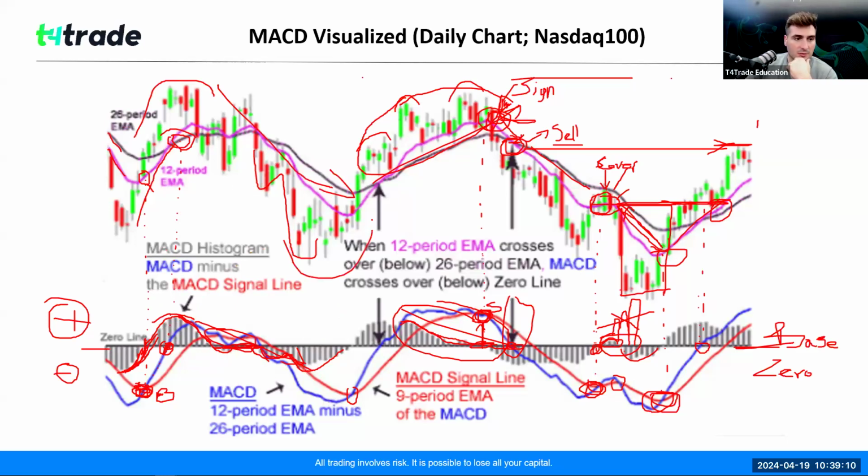Then you see a formation of a low, and then a shift upwards, pretty much self-explanatory. But from here onwards, 1, 2, 3 highs. Let's just say 1, 2, where is the third? Nowhere. The histogram bar should have been somewhere up here. Not the case. And this is what we call divergence.